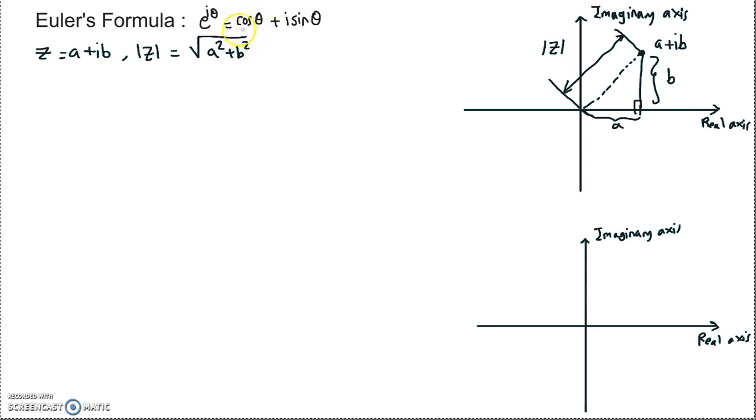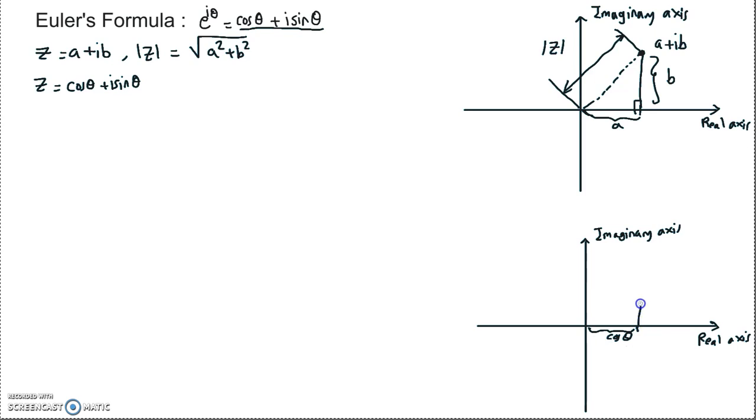So let's look at the right hand side of Euler's formula, cosine theta plus i sine theta. We have a complex number z equals cosine theta plus i sine theta. Just like we did with a and b, let's repeat that down here. The real part of the complex number is equal to cosine theta.